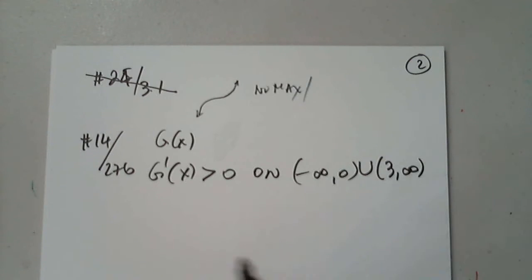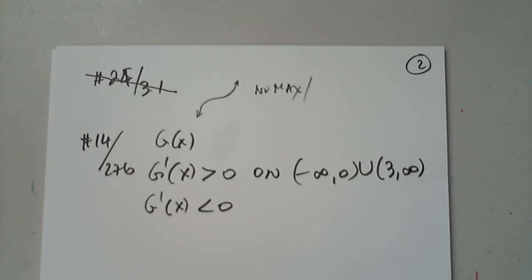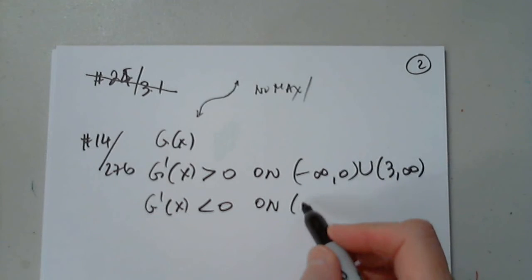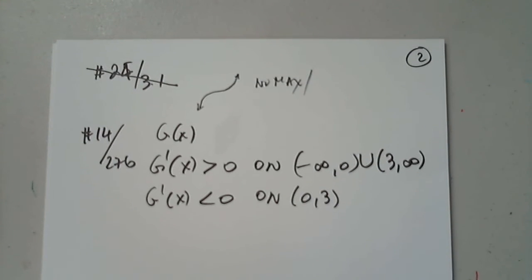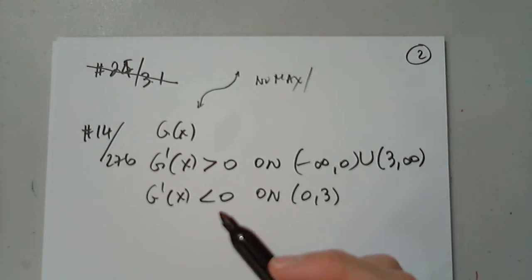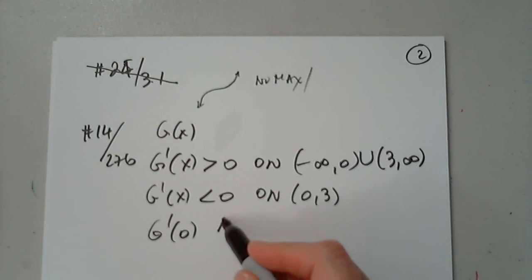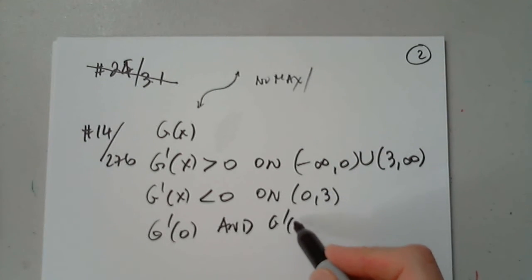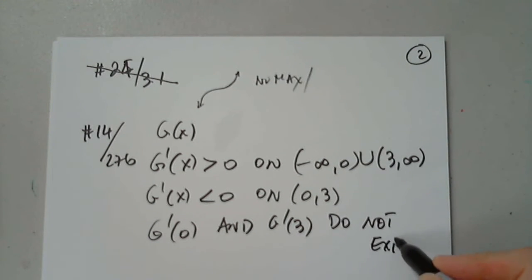And the negative derivative, so g prime of x less than 0 on 0 to 3, but neither g prime of 0 nor g prime of 3 exist. Okay, so g prime of 0 and g prime of 3 do not exist.